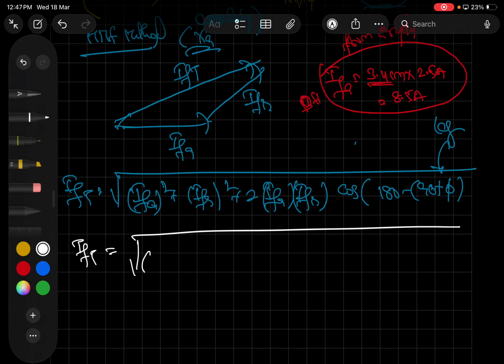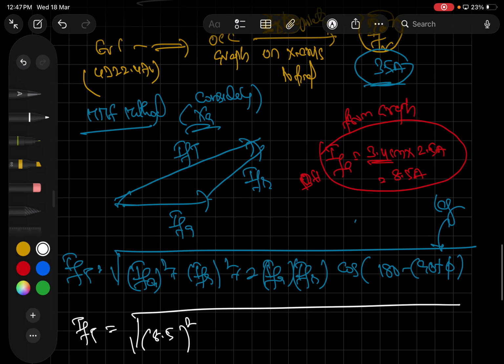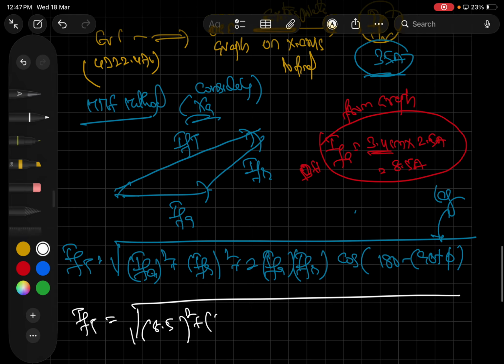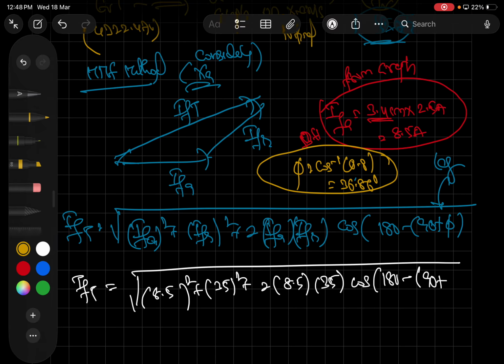What is the IFA value here? 8.5 whole square plus, what is IFR here? 35 whole square plus 2 into 8.5 into 35 into cos of 180 minus 90 plus phi, where phi equals cos inverse of 0.8. What is the answer here? 36.86 degrees.